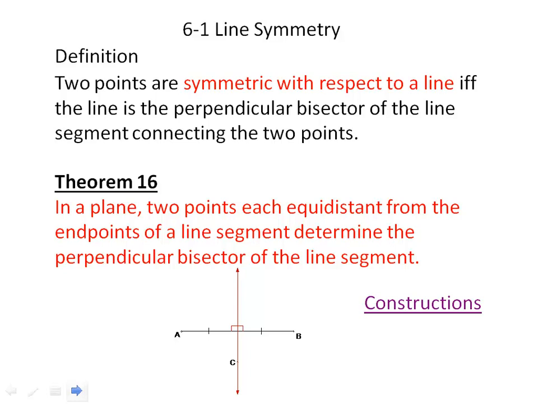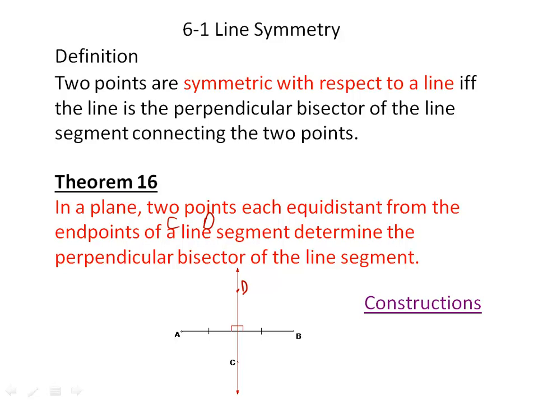Alright, so what are we talking about in this? Here you've got 2 points, each equidistant from the endpoints of a line segment, determining the perpendicular bisector of the line segment. So I suppose we really should have another point up here, which we can call D. The 2 points, each equidistant from the endpoints of a line segment, that would be points C and D, determine the perpendicular bisector of the line segment.